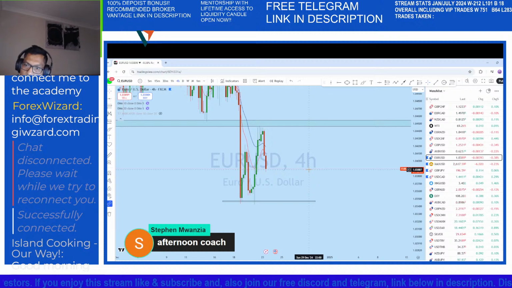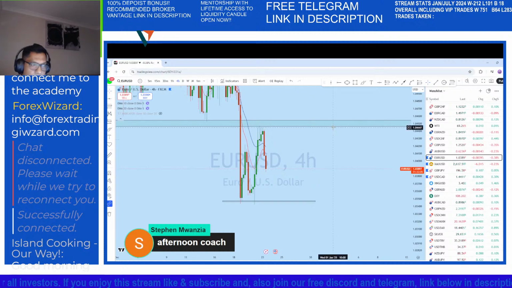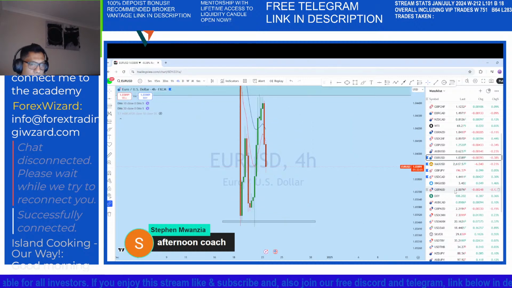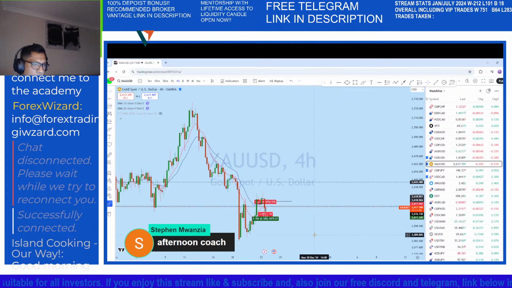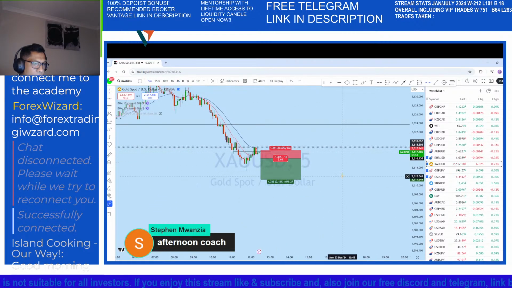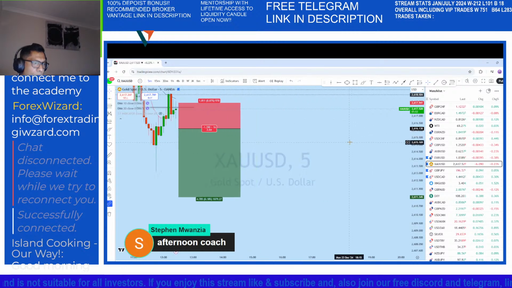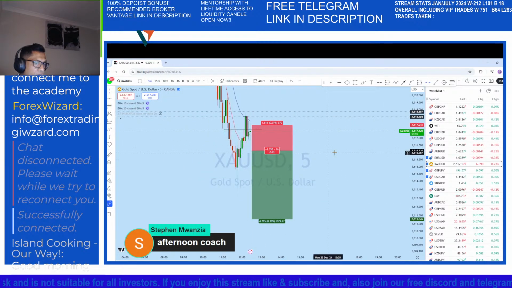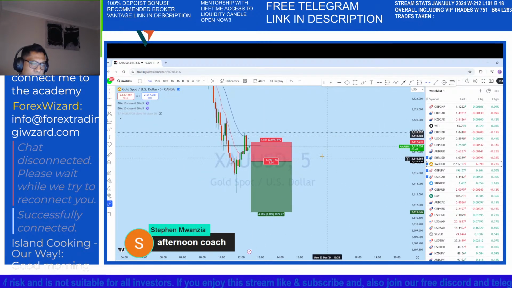So we got, if we look at XAUUSD again, and here is what we can see, a little sideways movement, but we could see eventually coming down in that direction.